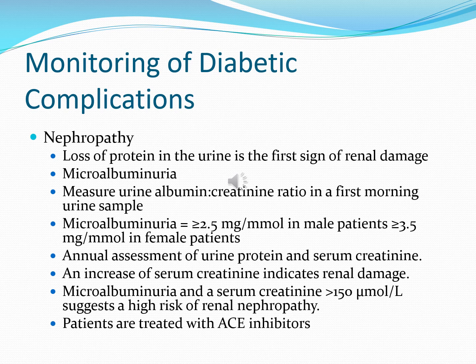So we can measure the urine albumin to creatinine ratio in a first morning urine sample, and if this is greater than 2.5 milligrams per millimole, or 3.5 in female patients, it would be defined as microalbuminuria. So it's showing you that some of the proteins, i.e. albumin, is being lost in the urine, and that's because of damage to your nephron.